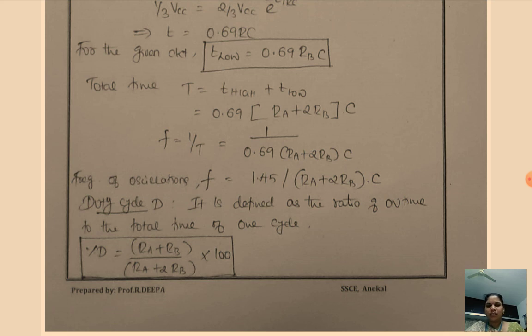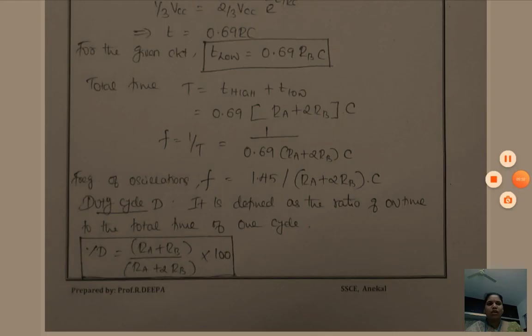Whatever percentage is given, if it is 70%, equate to 70%, assume either RA or RB, and design the circuit based on the values of RA and RB. You can implement it for any percentage of duty cycle given.